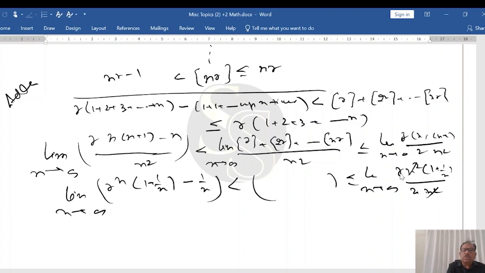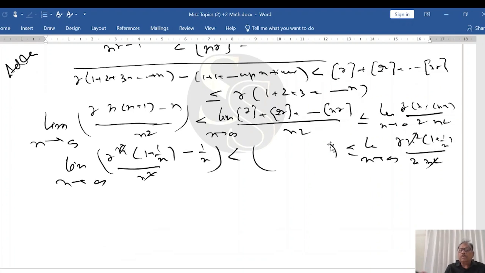This n square goes. Right? Now put the limits.